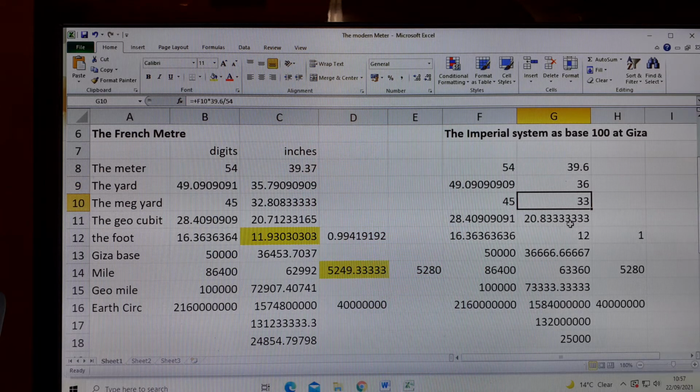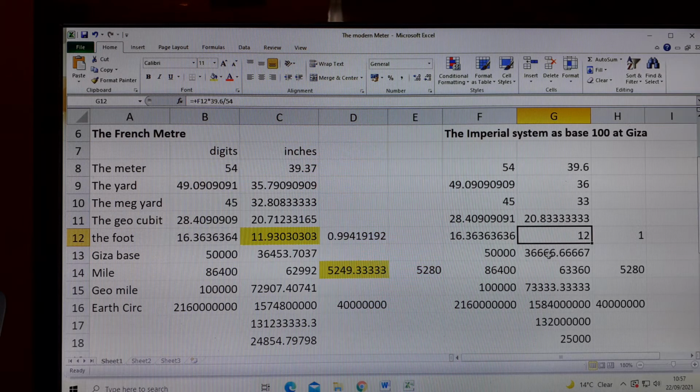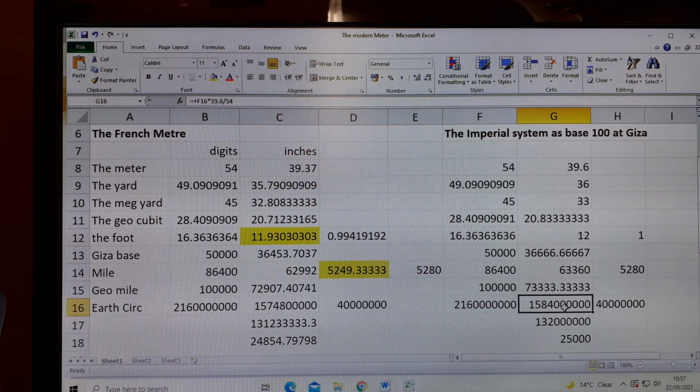We've got this megalithic yard, this is the base 100 cubit, and this is the English foot of 12 inches. And it gives all these figures. We get 1584,000,000 inches when we have that number of digits in the Earth's circumference. This is the Great Circle that everything is measured against by the ancients.